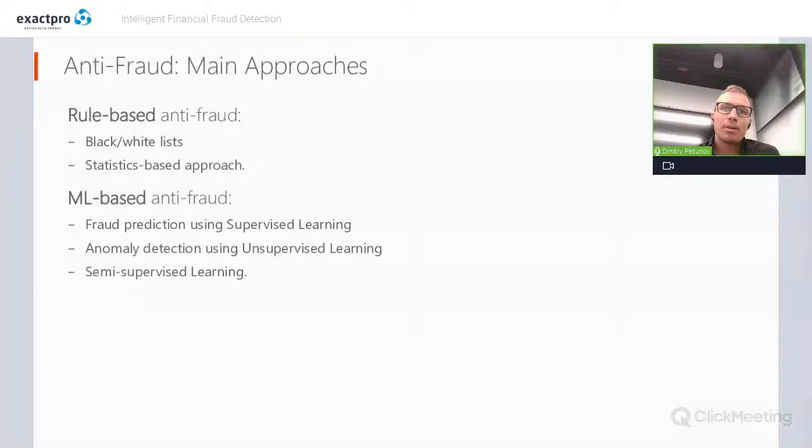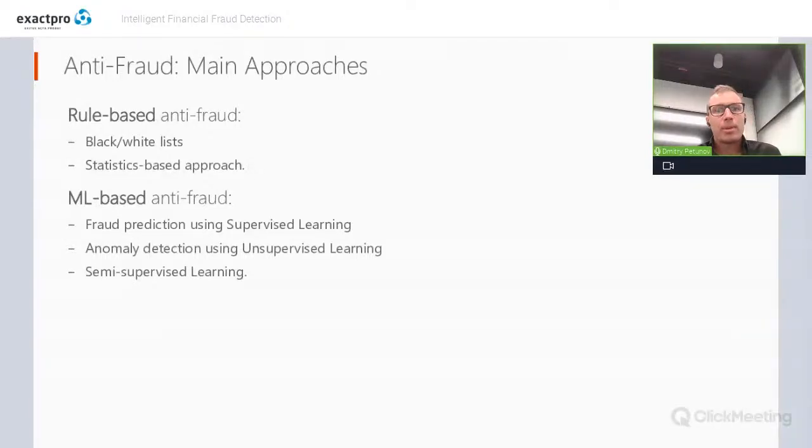In addition to black and white lists, you should create some statistical-based features such as the count of different devices which paid by that card in the last 24 hours, for example. And then you need security analytics, a lot of security analytics who will analyze the protected domain: payment, trading, insurance.